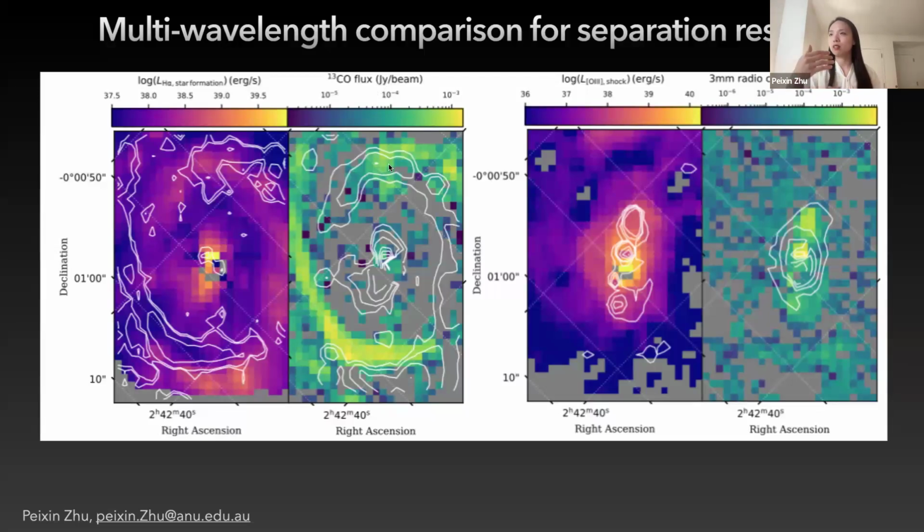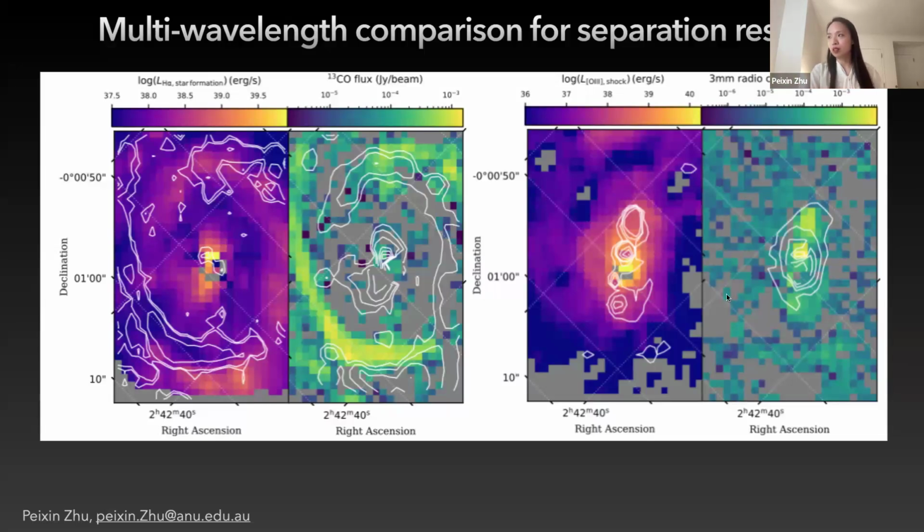And it's always connected or related to the star formation events happening in these galaxies. And on the right, I'm also showing the O3 emission from the shocks, which shows how the shocks are distributed in this galaxy center, compared with a radio continuum, which reflects the jet event that is associated with shocks.